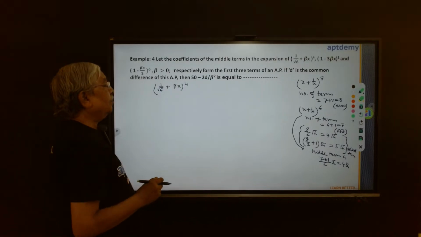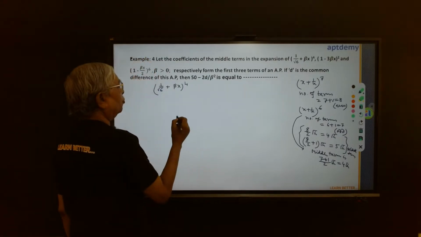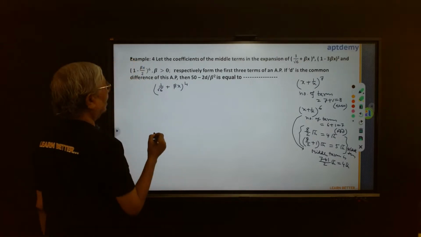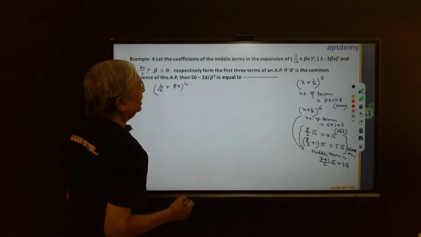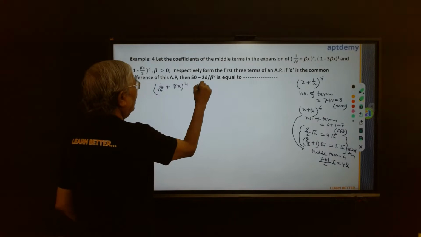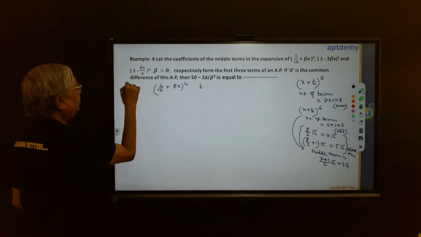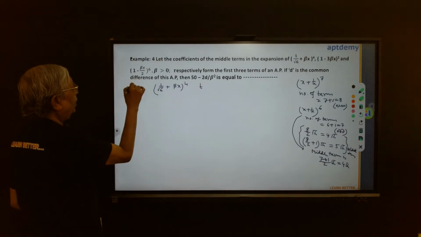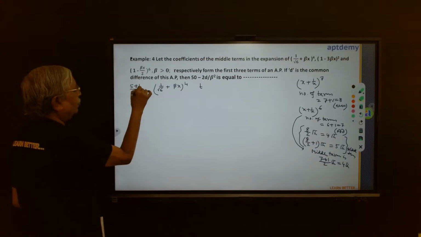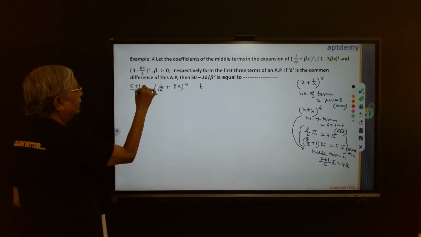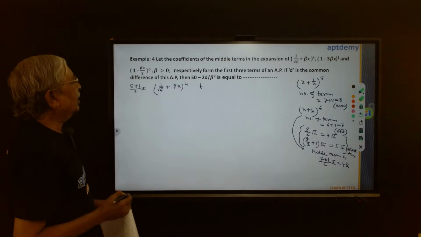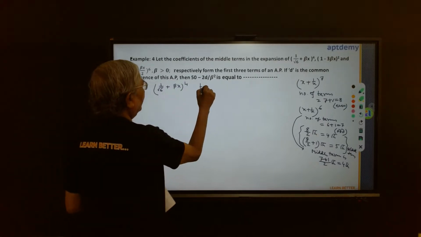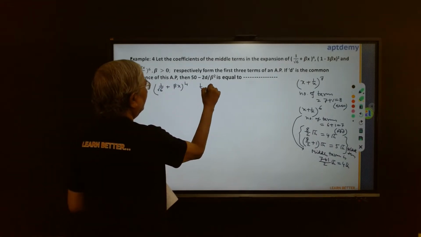Which will be the middle term? (5 plus 1) by 2 th term, that is the third term is the middle term. So we find T3 here. What is the middle term? Number of terms is 5, so (5 plus 1) by 2 th term, that is the third term is the middle term. So we find T3.